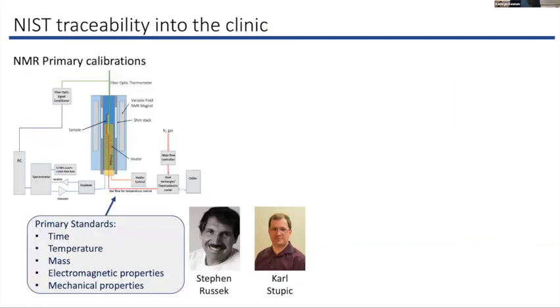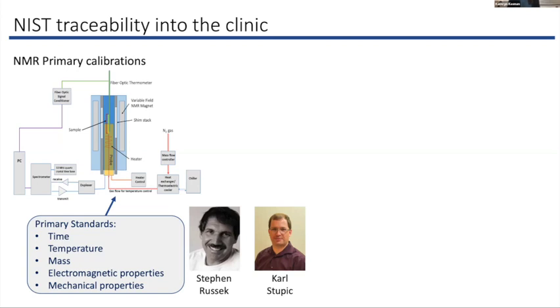My colleagues, Stephen Russek and Karl Stupic, work on our primary NMR calibrations. You can see there a diagram of our NMR system, and being NIST, we make sure that the clock on the NMR system can be traced back to the primary time standard. And we do that for other measurements that are important.